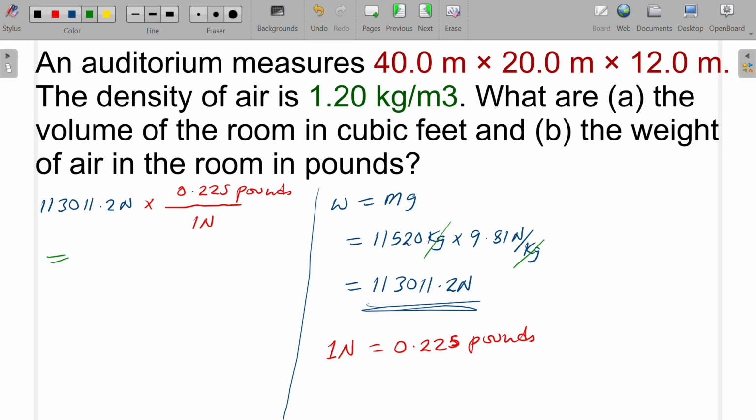According to my calculator, what I'm finding here is 25,427.52 pounds. This can be reported as 2.54 times 10 to the power of 4 pounds.